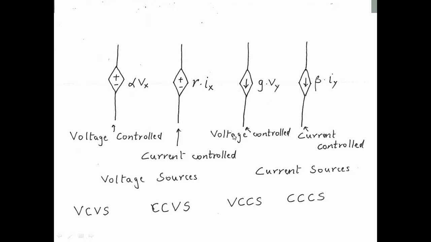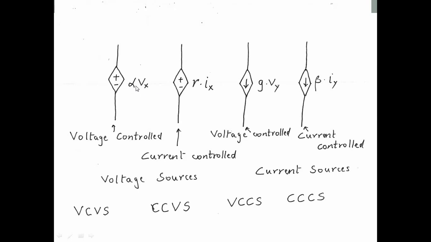So we say this is a voltage controlled current source, or it can depend on a current somewhere else. Then we say it is a current controlled current source. And the short forms are VCVS for voltage controlled voltage source, CCVS for current controlled voltage source, and so on. We will get used to this as we put them in circuits and solve circuits.